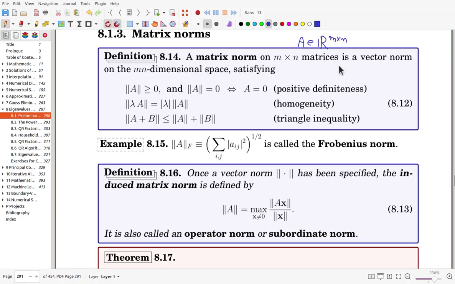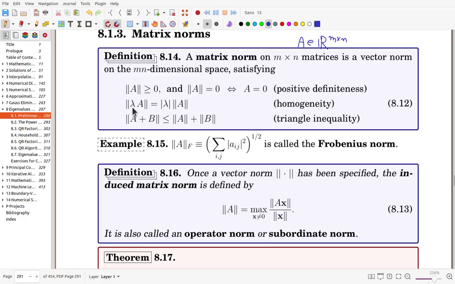So it is a kind of vector norm on the mn dimensional space, so it should satisfy three similar properties. First, positive definiteness: it is always larger than or equal to 0, and when A is the zero matrix, all entries are 0, then it's 0; except in this case it is always positive.